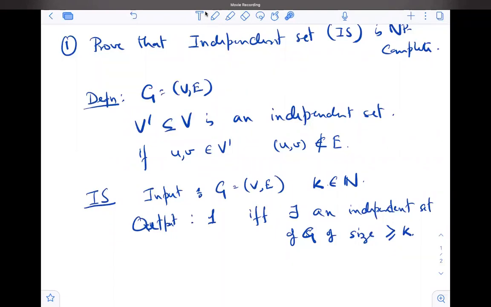Not ILP, the one proving vertex cover from SAT. We used something of that form. You can use something of that form.